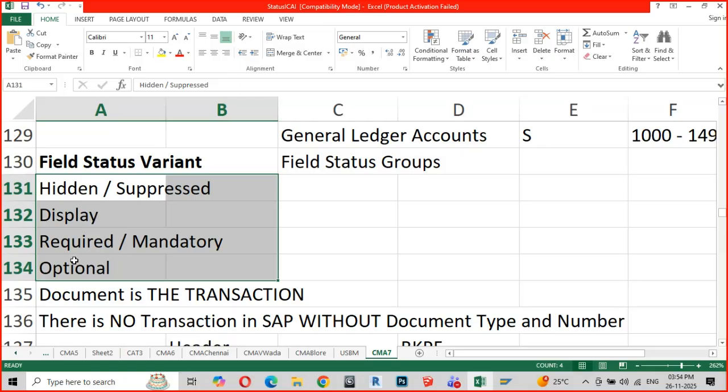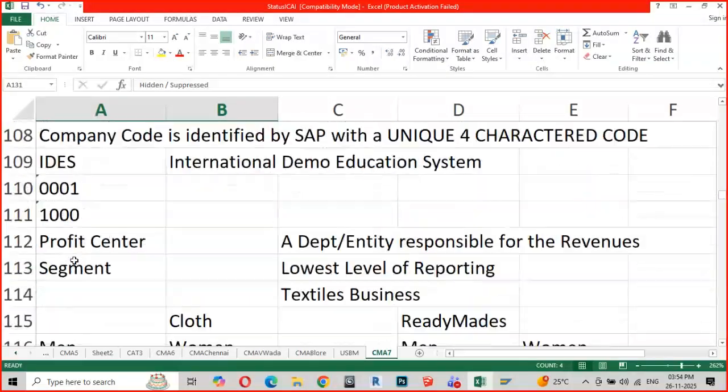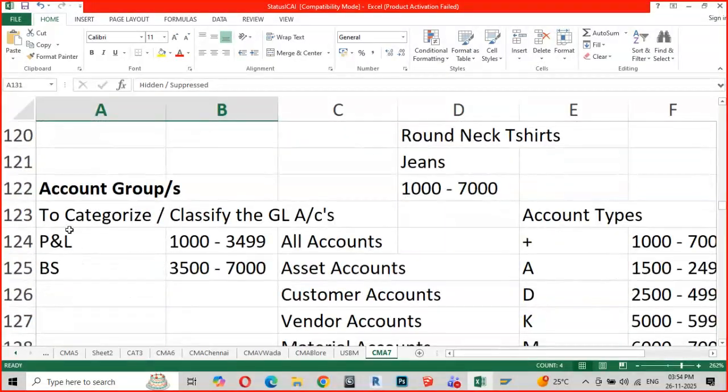Now, the next important thing we discussed was, what is an account group? Basically, account groups are the way you categorize your general ledger accounts. You identify the general ledger account based on its nature.